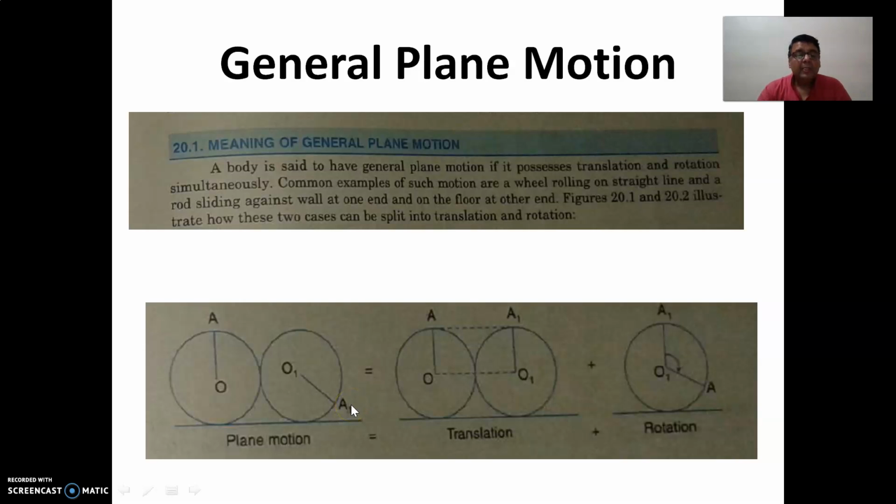No issues. Now what we can do is, this circle can also be brought from this shape to this shape by another method.